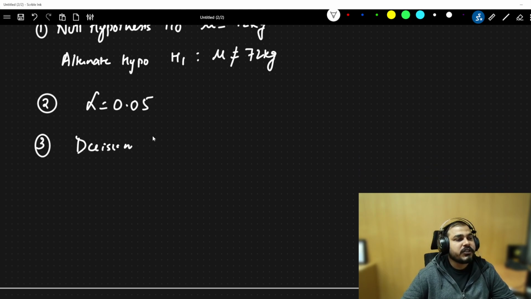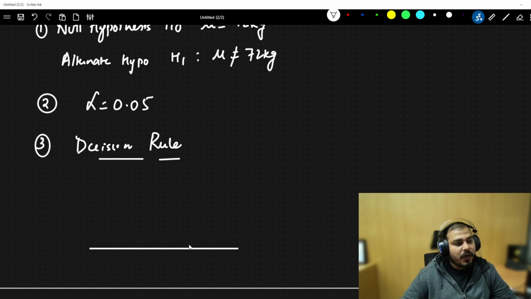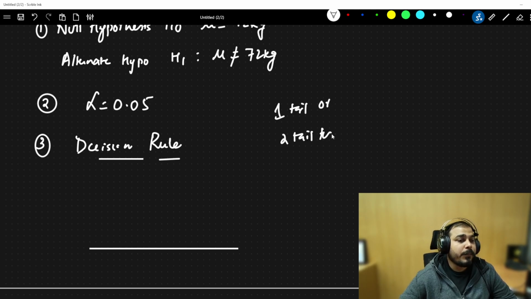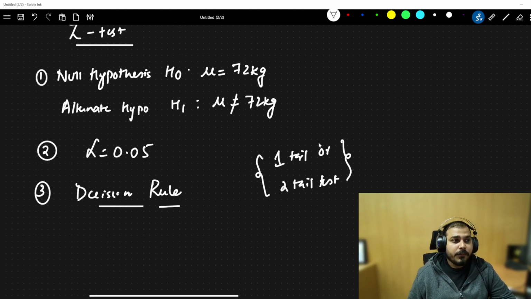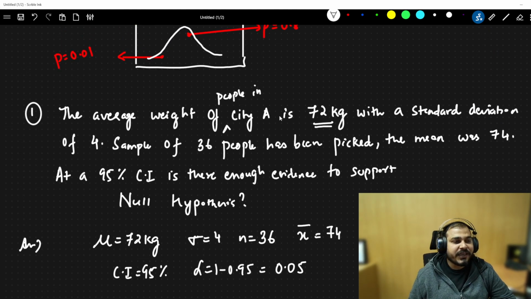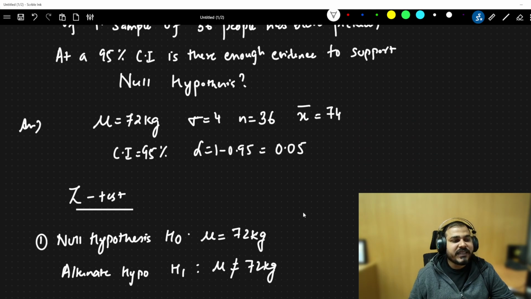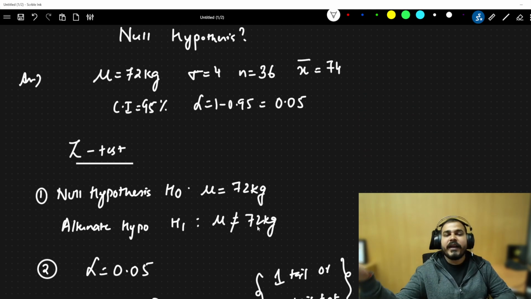What should be our decision rule? First of all, you need to find out whether it is a one tail or two tail test. People get confused about how to determine this. We are checking whether the mean is 72 or not. It can be greater than 72, it can also be less than 72, right?